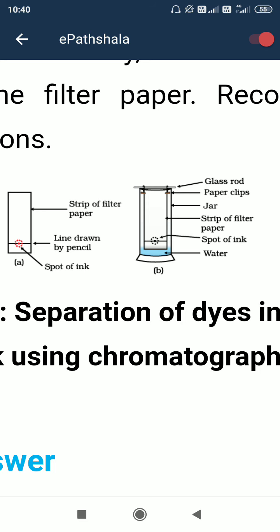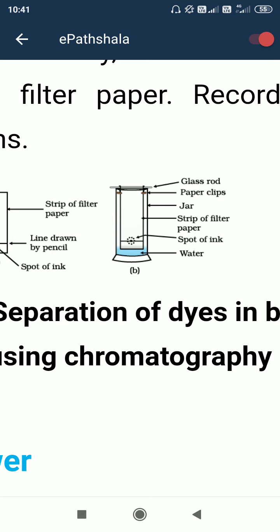Suppose the ink has more than one compound. One compound may reach the top fast, and another compound may travel at a slower speed. Thus the more than one compound present in the ink will be separated.